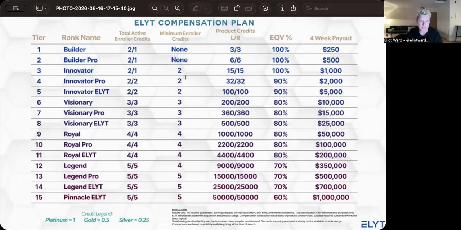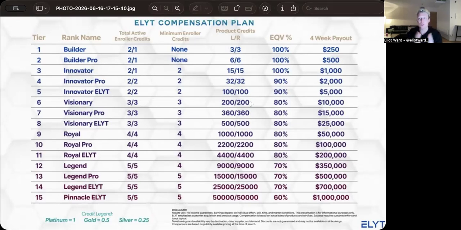As you can see, tier six, three active personal enroller credits in your left team, three active personal enroller credits in your right team, and the rest of those 200 total credits on the left team, 200 total credits on the right team. You're really starting to get to some phenomenal results, and a lot of those credits can be built off of indirectly referred product credits to ELYT.